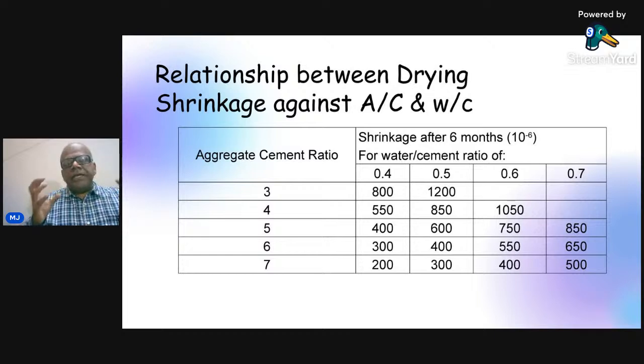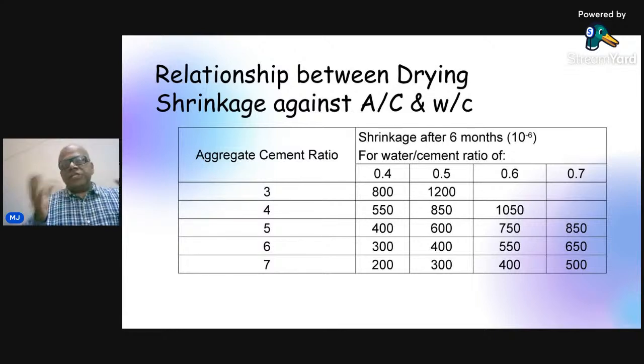drying shrinkage. So shrinkage is a force. As the water starts leaving, first we saw the plastic shrinkage, right? And plastic shrinkage, we saw that in the first 24 to 48 hours, when the water leaves our concrete, it leaves a lot of cracking.